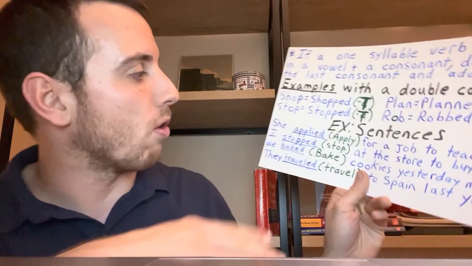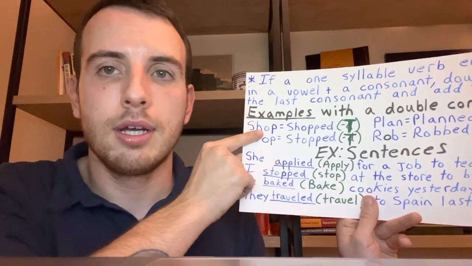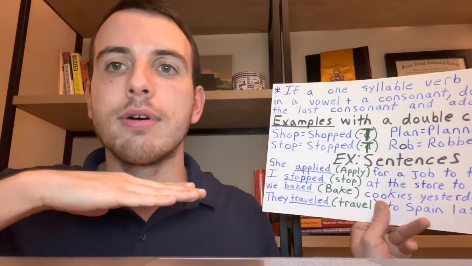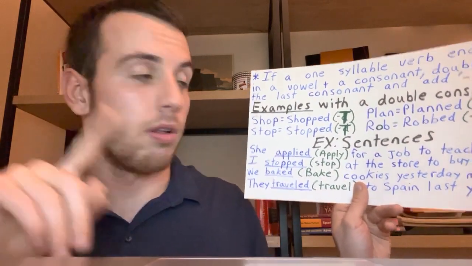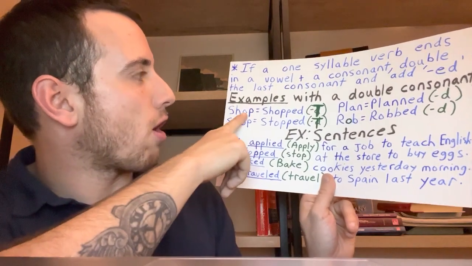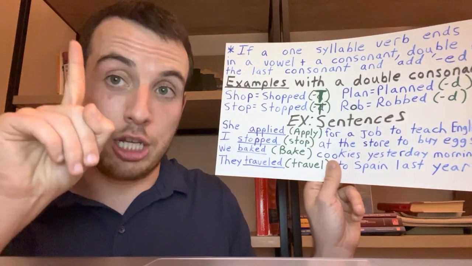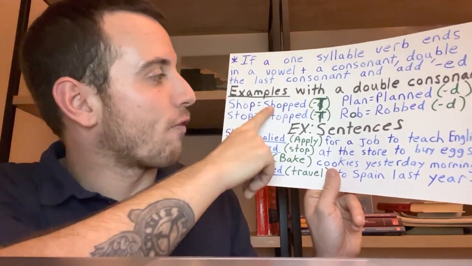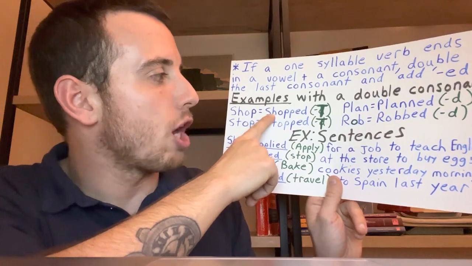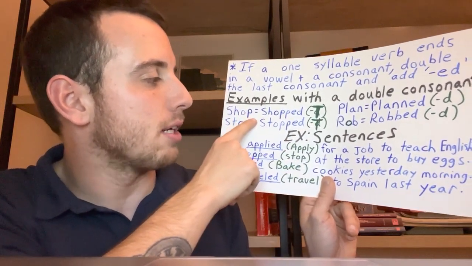So for example, our first word is shop. Shop. That's one syllable. And we see that we have our vowel and a consonant, and it's one syllable. So for the past tense, it becomes shopped. We double the last consonant.